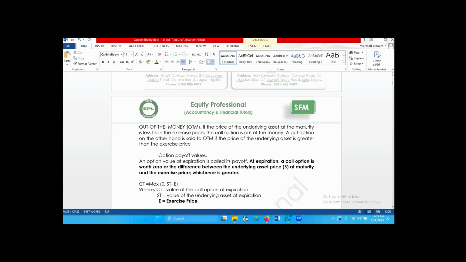At expiration, at maturity, a call option is worth either 0 or the difference between the underlying asset price at maturity and the exercise price, whichever is greater.